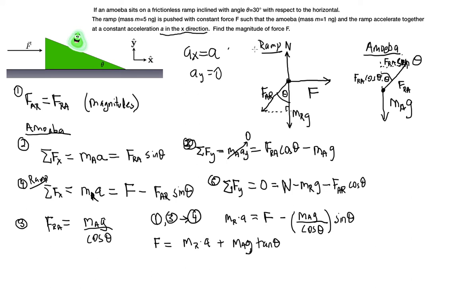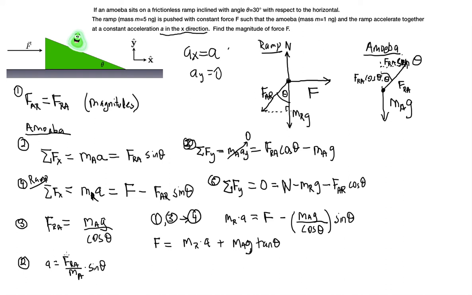It's not given in the problem. I've got one equation left. Help me, equation 2. You're my only hope. So I'm going to take equation 2. I'm going to solve this for the acceleration. And that means that the acceleration is equal to F of the ramp on the amoeba divided by the mass of the amoeba times sine theta.